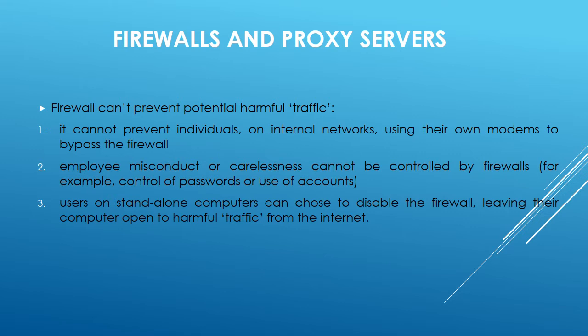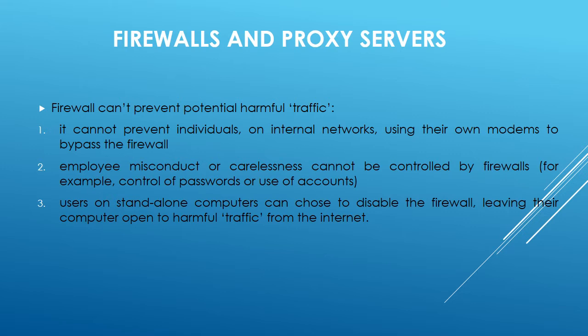However, there are certain circumstances where the firewall cannot prevent potentially harmful traffic. Number one, it cannot prevent individuals on internal networks using their own modems to bypass the firewall. Number two, employees' misconduct or carelessness cannot be controlled by firewalls, for example, control of passwords or use of accounts.